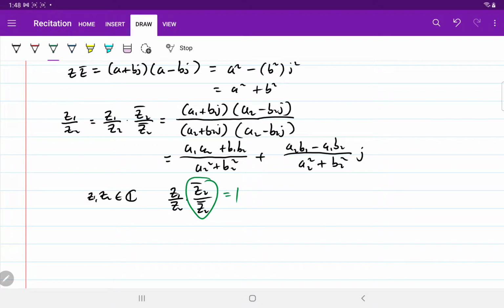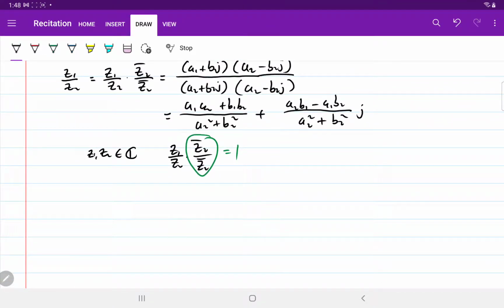So this is the trick if you want to compute the complex conjugate. And we say that z1 must be equal to z2 if and only if a1 equals a2 and b1 equals b2. Very simple.